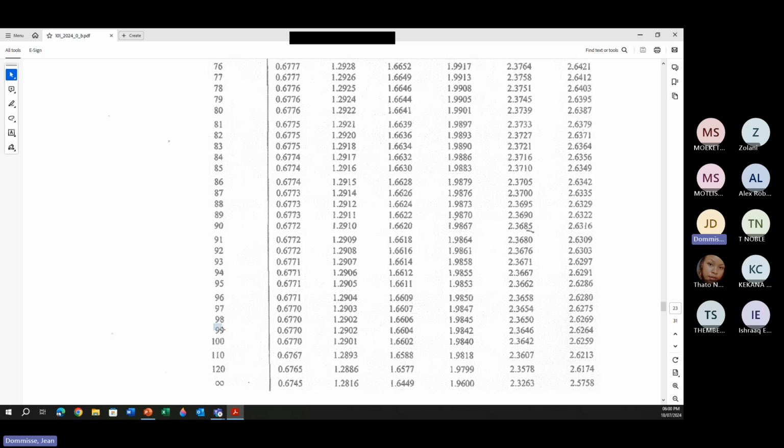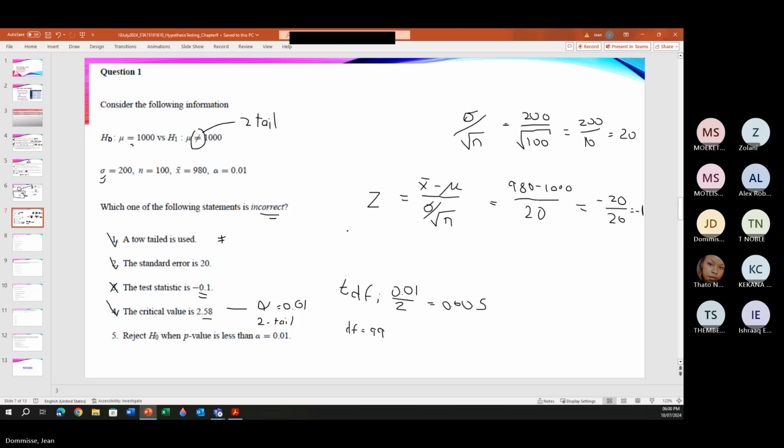But if you needed to use the T table, with the 0,005, we would have gotten a T value of 2,6264. Okay, so even though it is not a T, if you needed to get to it, that is how we would have gotten to it.